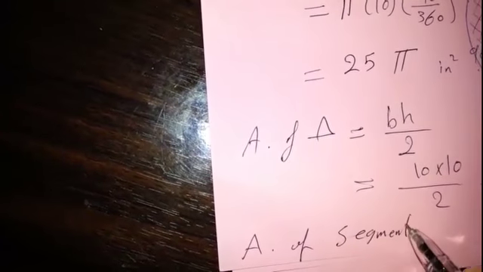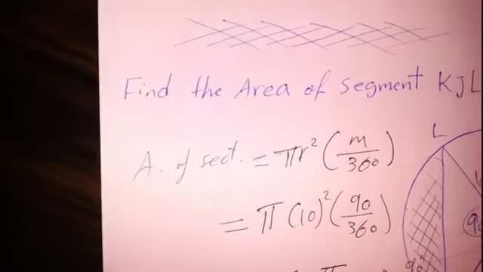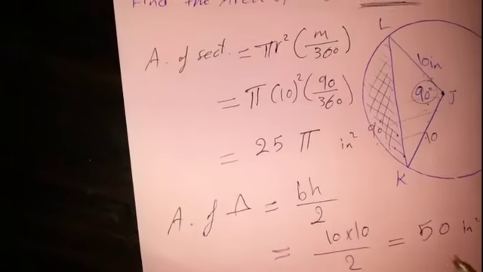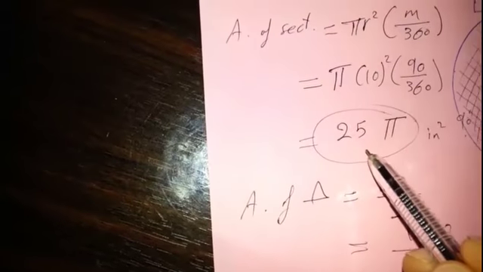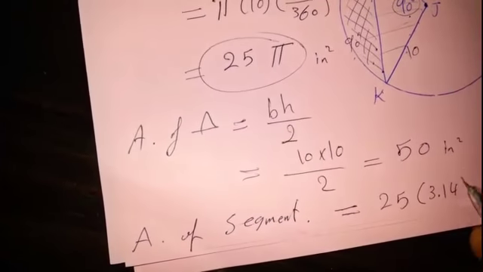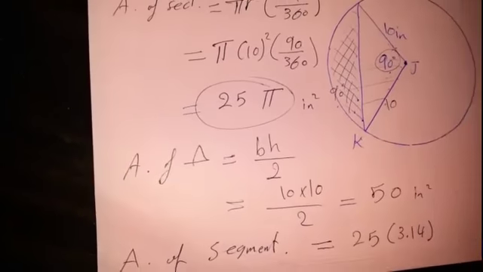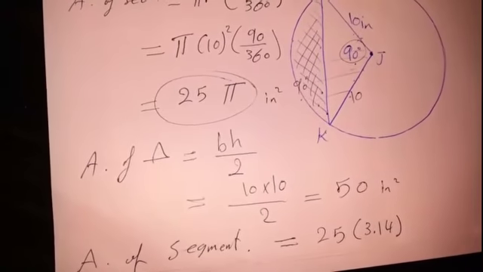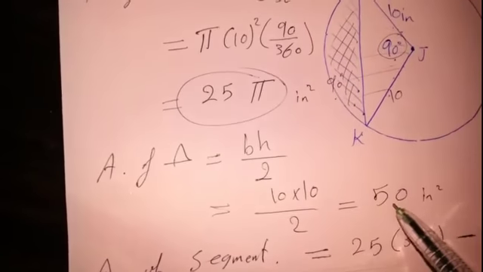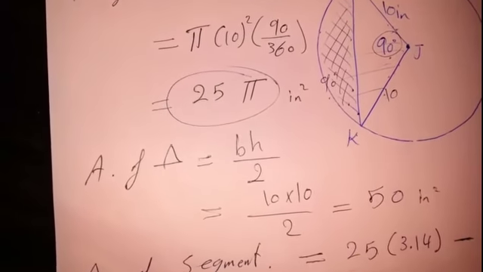Now, the area of the segment. The required area of the segment equals the area you got first, 25 pi, and this pi you need to replace by 3.14 now, because you will find the answer in decimal, minus the area of the triangle, which is 50.